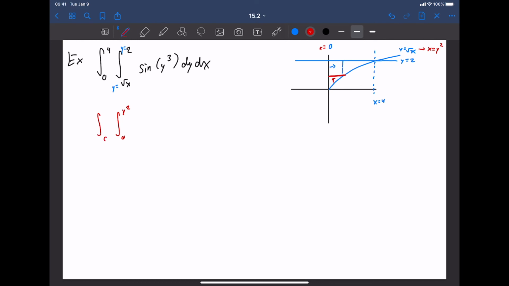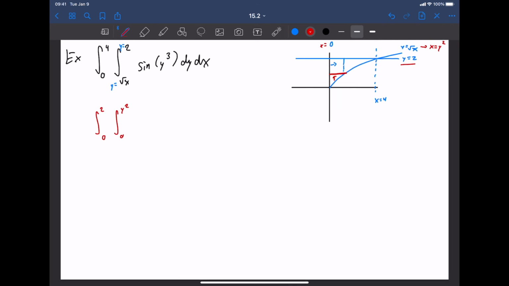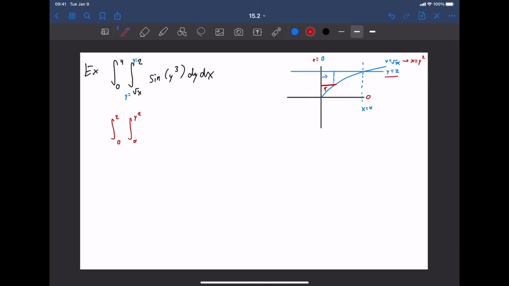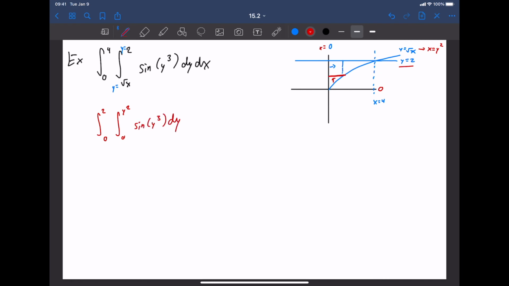Our bottom y is 0, and our top y is 2, 0 being the x-axis to 2. And then we're doing x first. Very intentionally, we switched the order. So these two are the same. This is the Fubini's theorem we were talking about. So try this out. See what you get. 3, 2, 1.